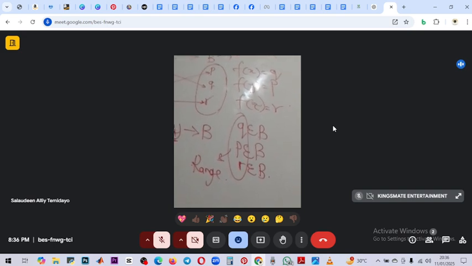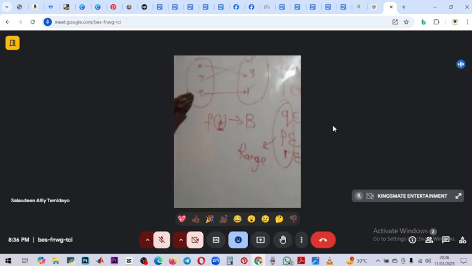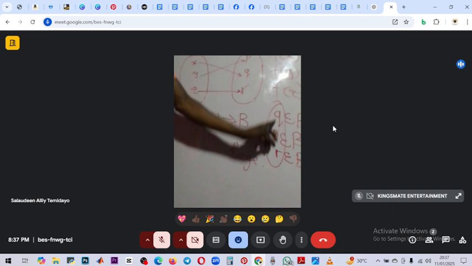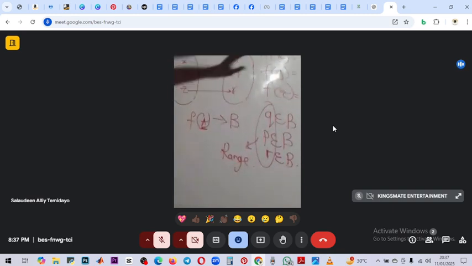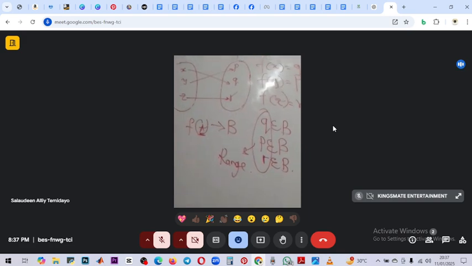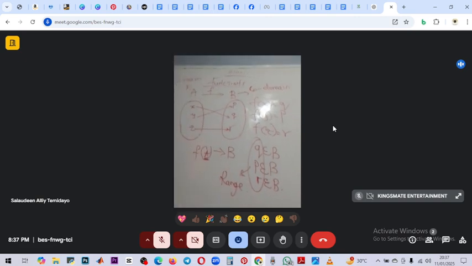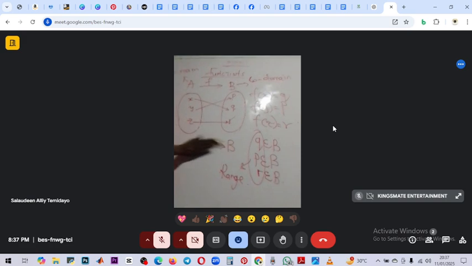These are known as the domain inside the set A, while B itself, which is the set, is known as the co-domain.